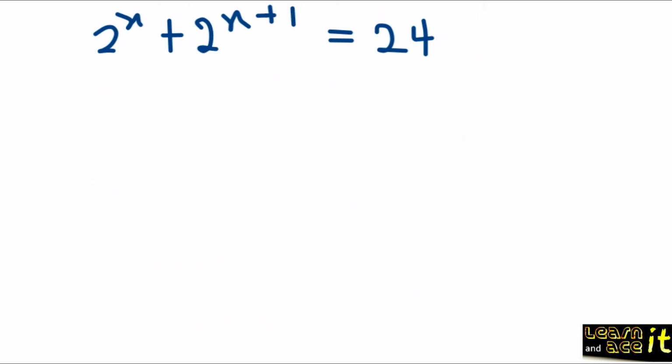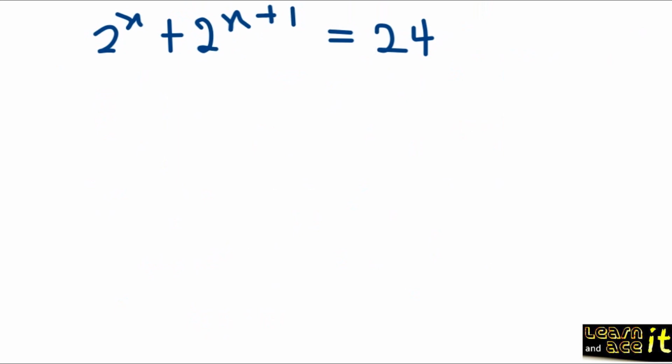If you have 2 to the power of x plus 2 to the power of x plus 1 equal to 24, how can you simplify this? Well, as you all know now, the first thing we have to do is to make sure that the bases are the same.